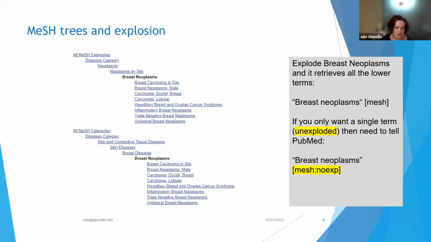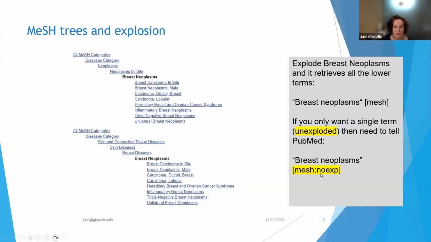So explosion is a time-saving mechanism that means you type in or select one term and many others below it are selected. And explosion will happen as the default in Medline, in PubMed. If you don't want to explode a heading, you will need to turn off the explosion.